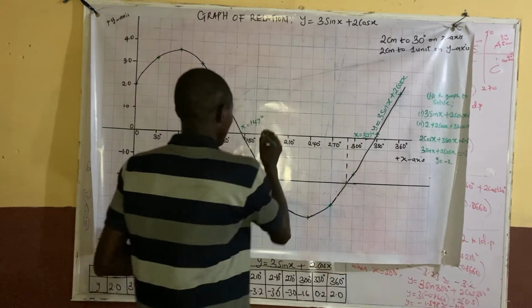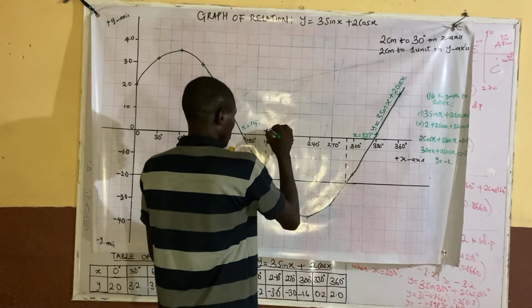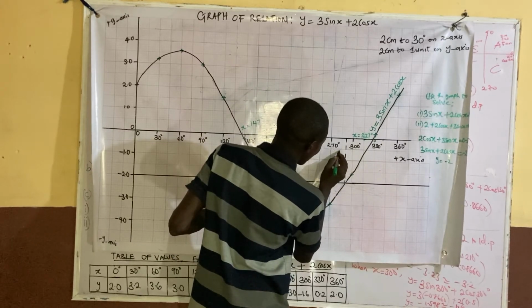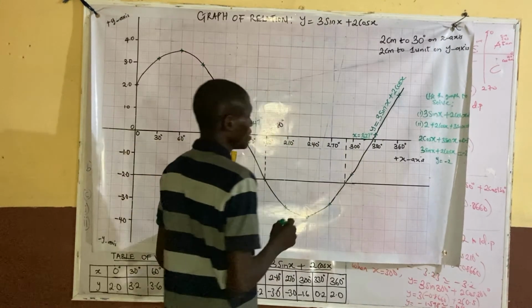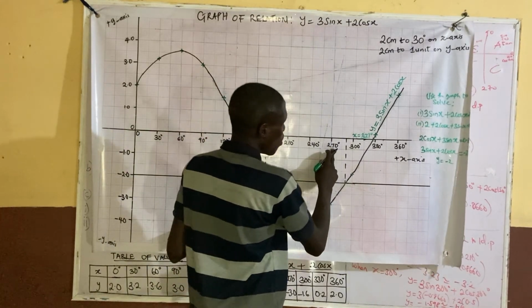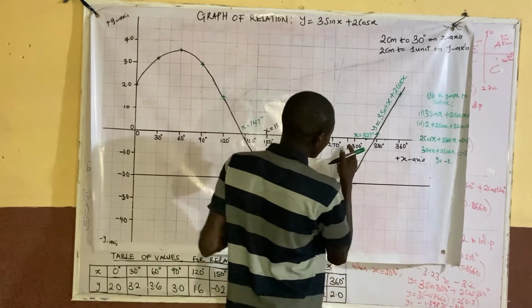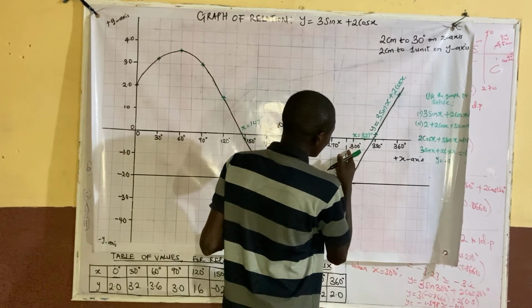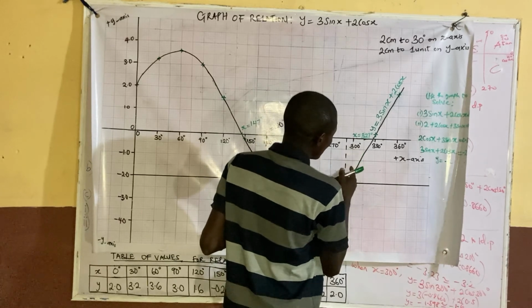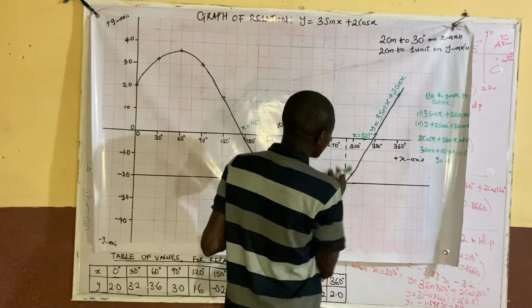So now here at this place you have x equals 180 degrees. And this one, how many lines? 1, 2, 3, 4, 5, 6, 7. 7 times 3 is 21. 21 plus 270 is 291.